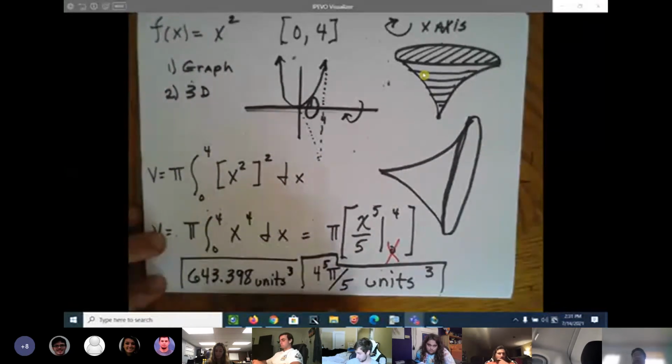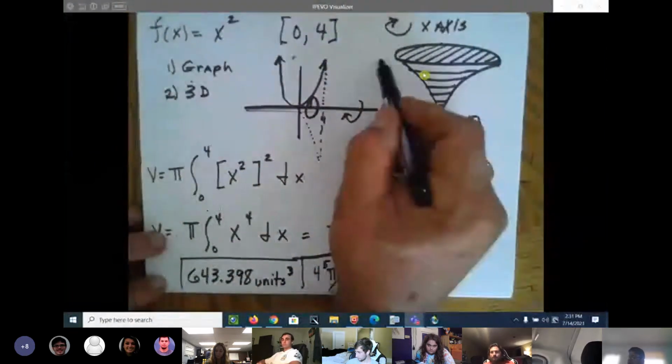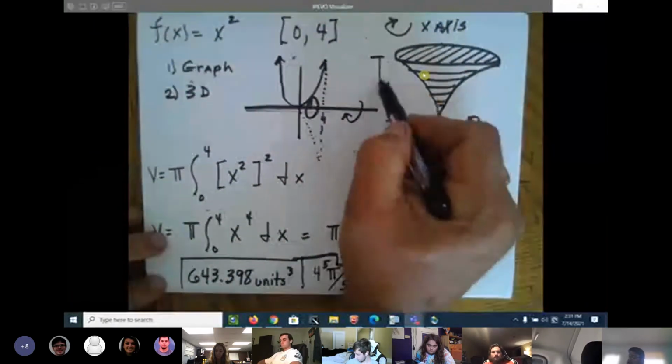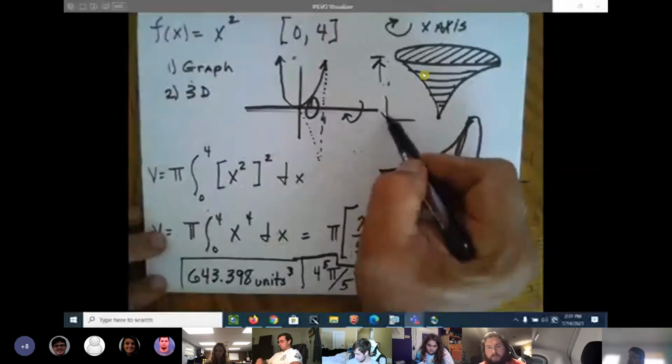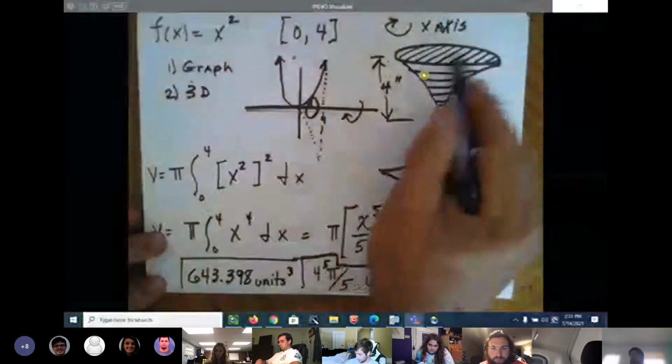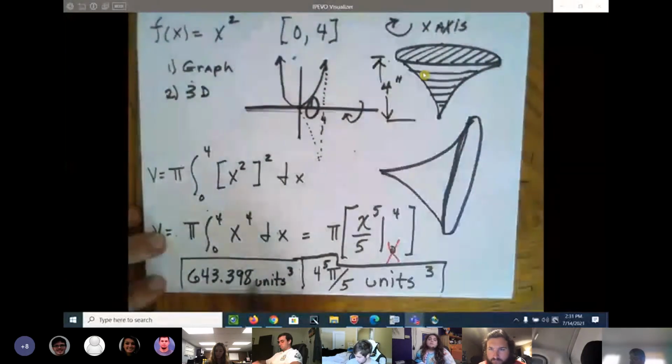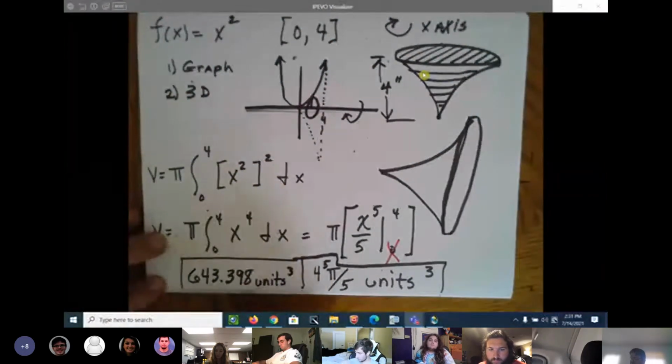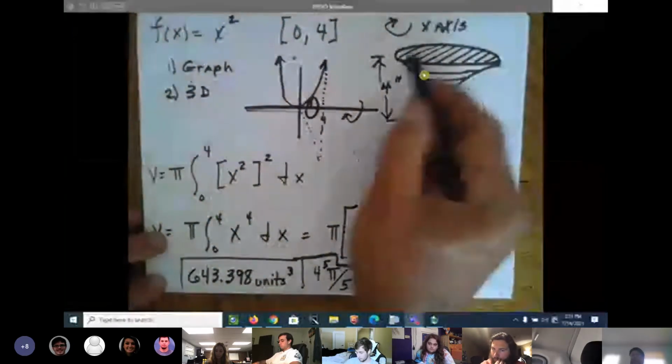So if I filled this up with water and this was like 4 inches, then the volume of this cup would be 643 cubic inches. You with me? Yes, sir. That would be the volume of this cup.